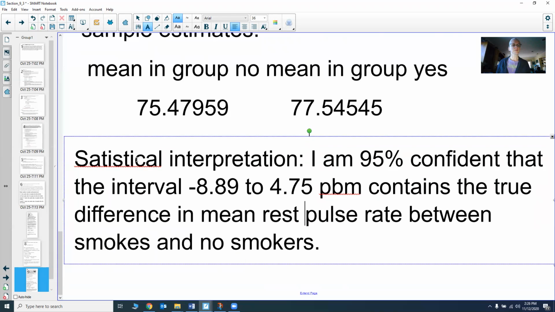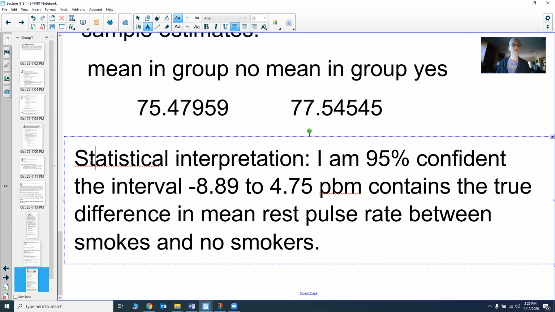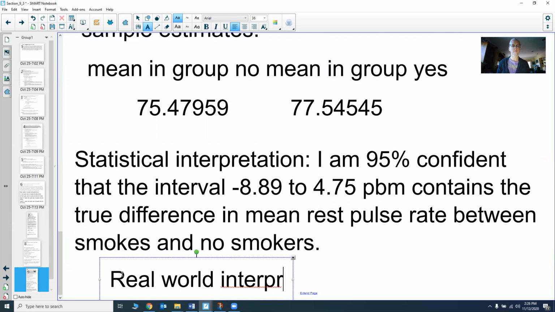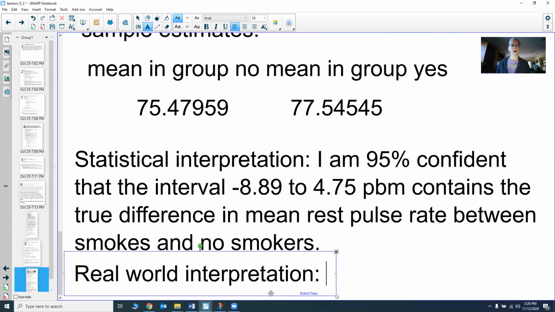And then we can get to our real world interpretation. And this one's a little bit trickier in this case, only because of what we're dealing with here. I've got negatives and positives.